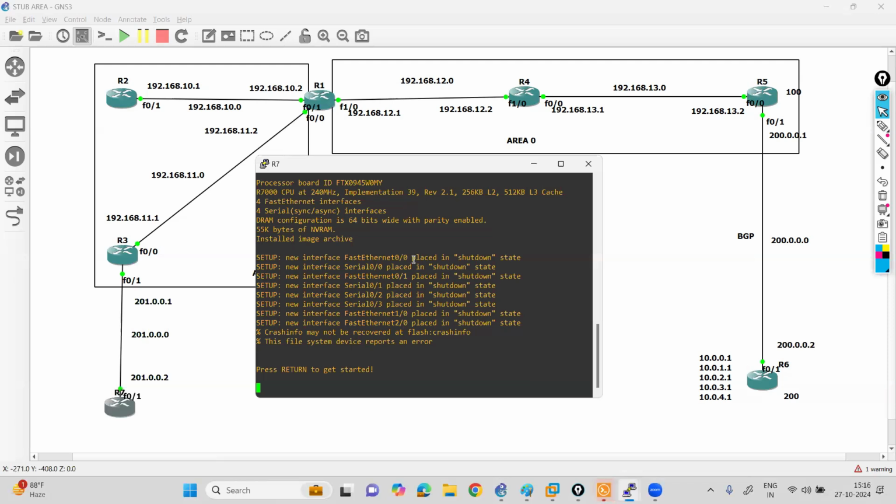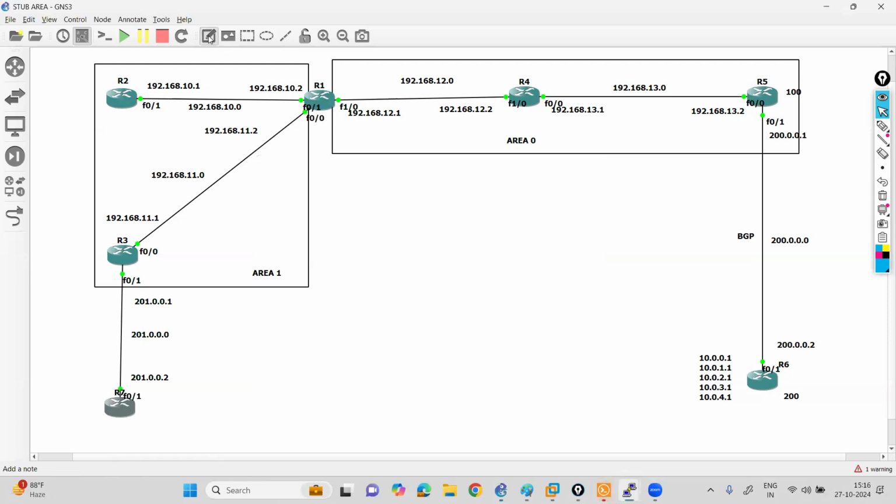Let me also create some loopback IP addresses: 11.0.0.1, 11.0.1.1, 11.0.2.1 and so on.